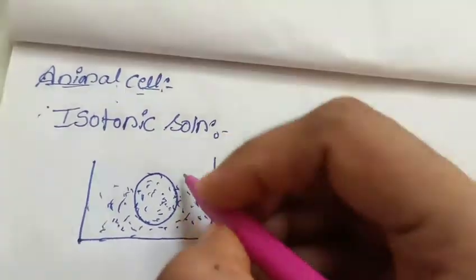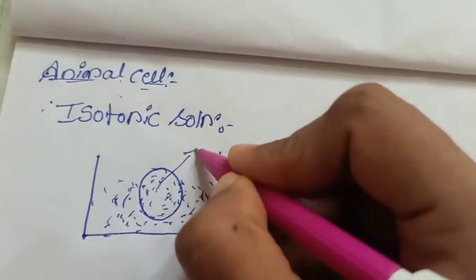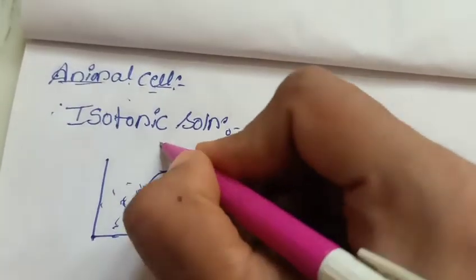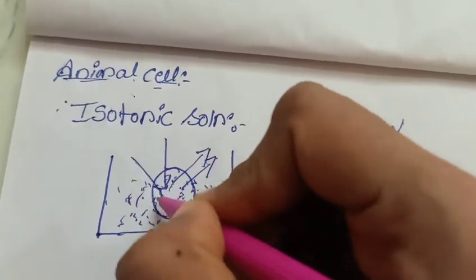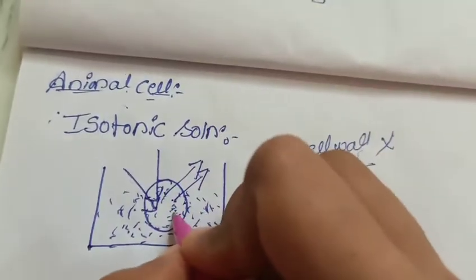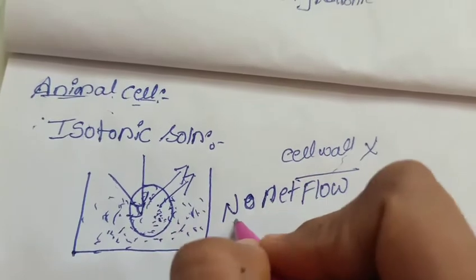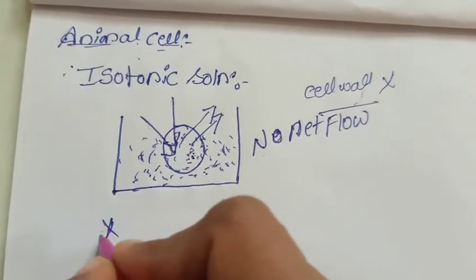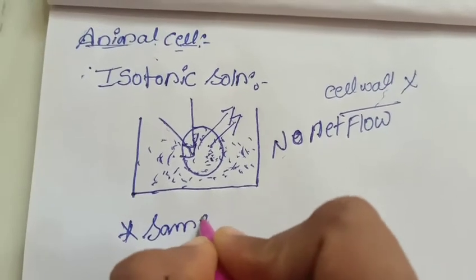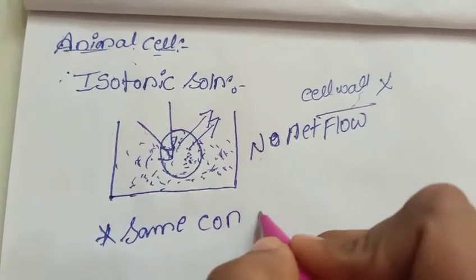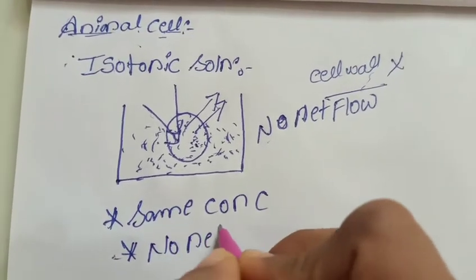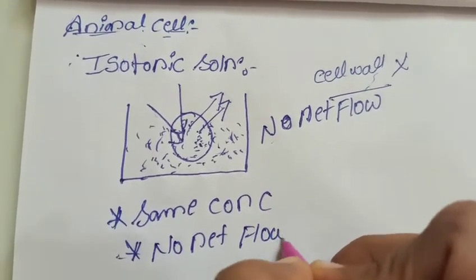Because if two substances go out from the cell, two will come in from outside to inside the cell. So there is no net flow. They will be equal, in the same concentration. It is very important: there is no net flow in isotonic solutions.